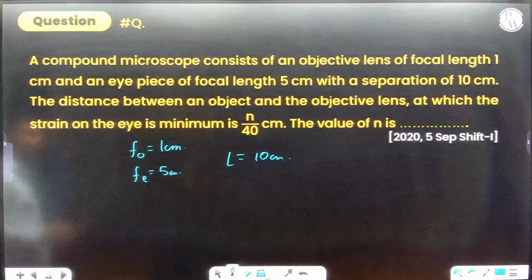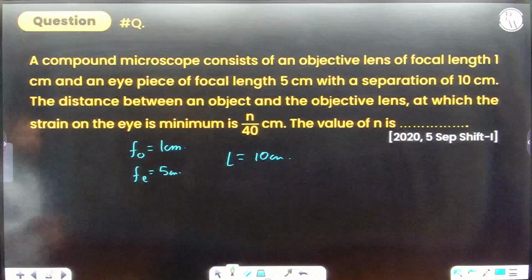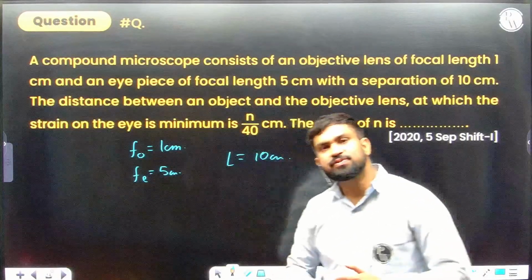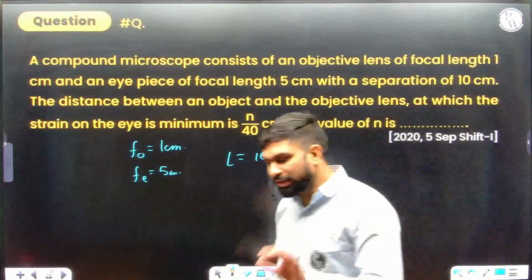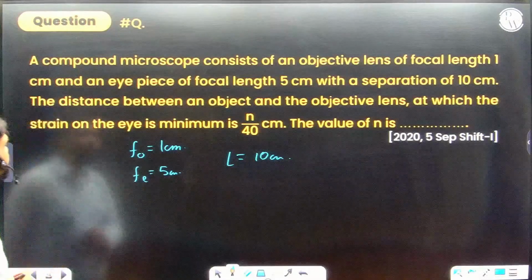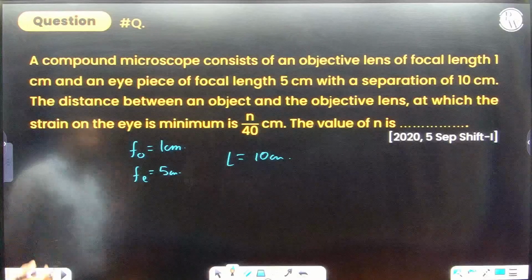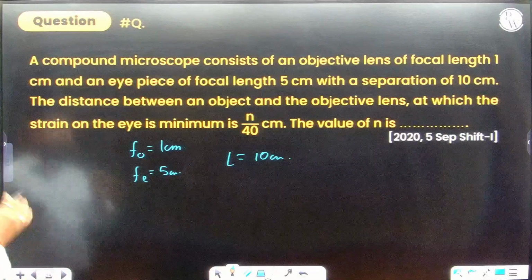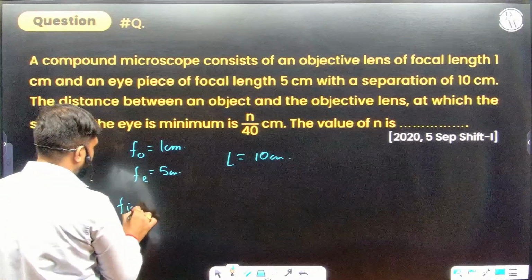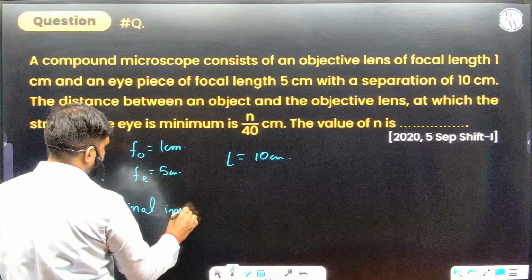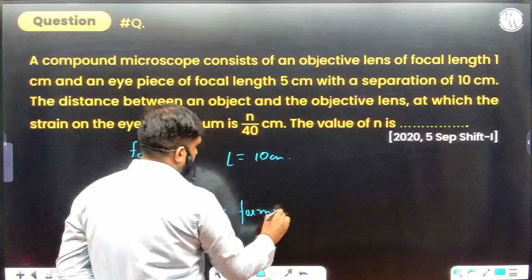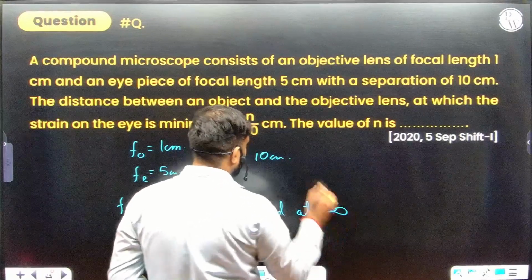The distance between an object and the objective lens at which the strain on the eye is minimum, that means the image is formed at infinity with the minimum magnification. They are just saying the strain on the eyes is this, that's it. So the final image is formed at infinity, nothing else they are asking.